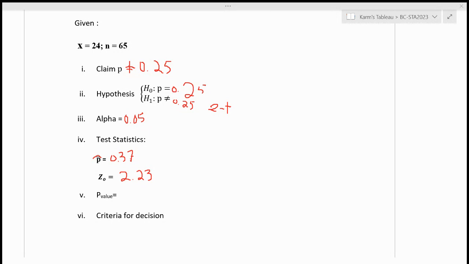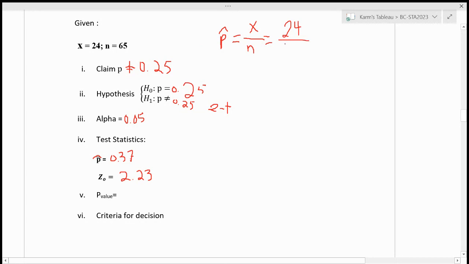And now, P is not 24. X is 24. Mariska, X is 24. Notice that P hat is equal to X over N, which is also equal to 24 over 65.